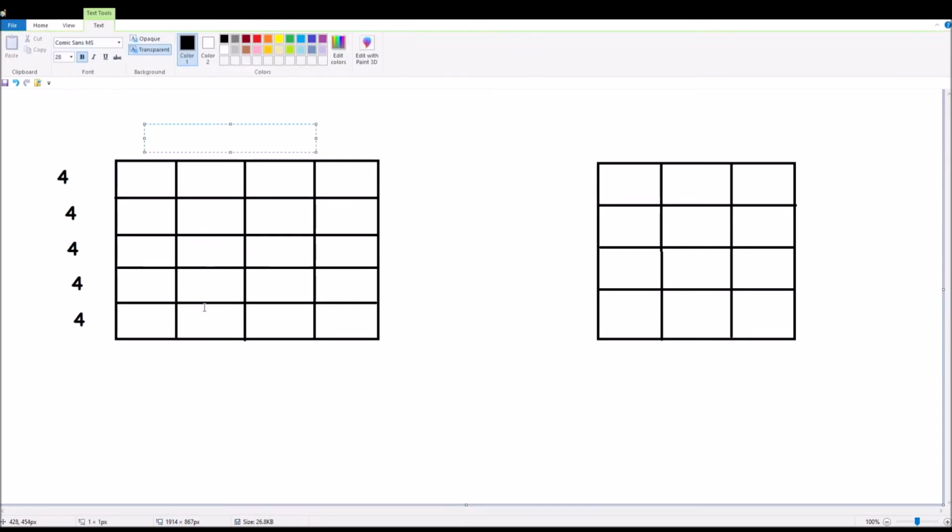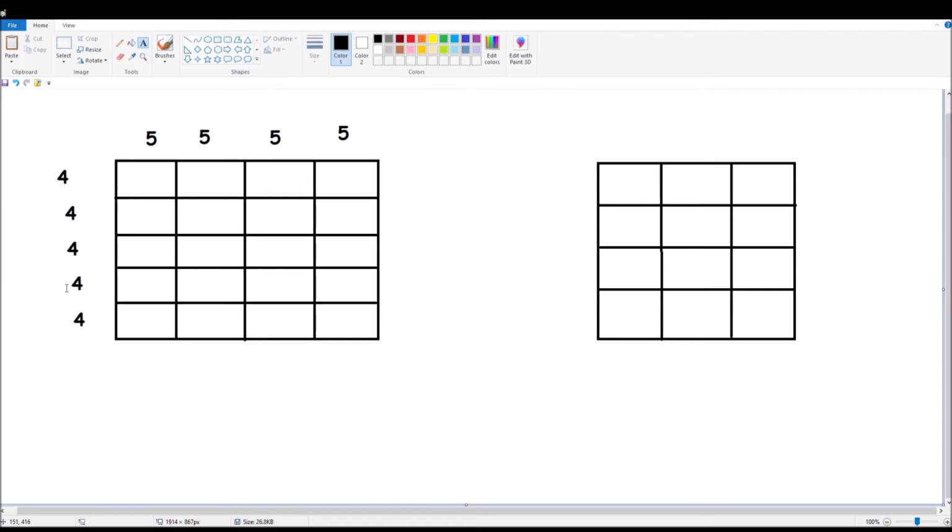And then up here you have 5, because there's 5 in this column. 1, 2, 3, 4, 5. Then you have another 5 in this column, and you have another 5 in this column and another 5 in this column. So you have 5 sets of 4 or 4 sets of 5.